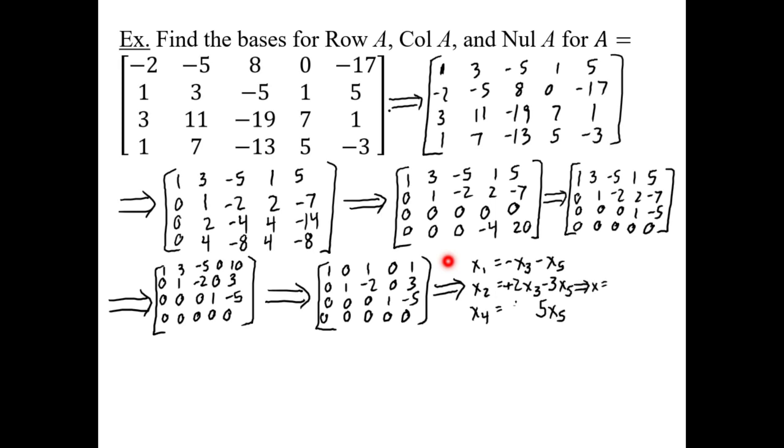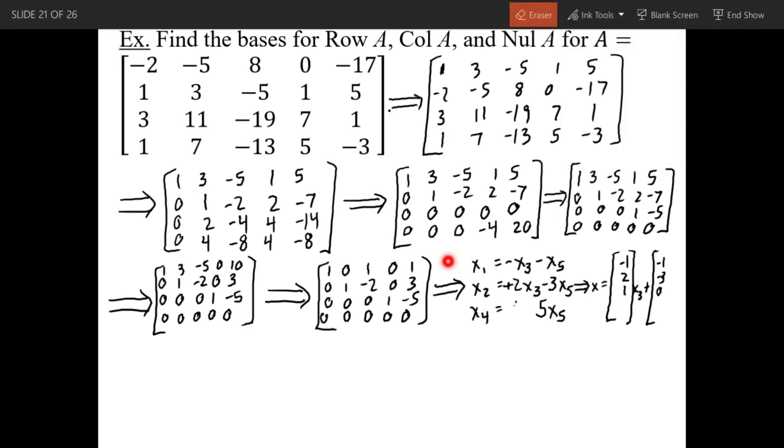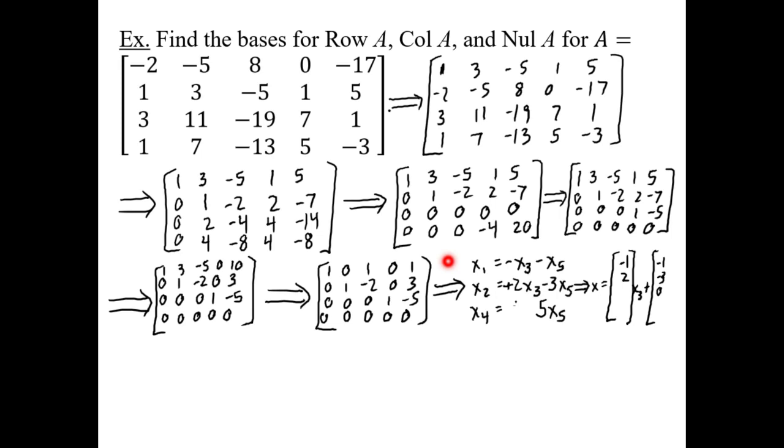And so my solution is, well, let's see here. -1, 2, 1, 0, 0 times x3 plus -1, -3, 0, 5, 1 times x5. Oh, I guess I had that right.